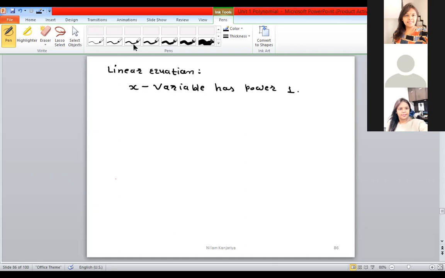This is the one thing you must remember: x has power 1. This is x plus b is equal to 0. Such a type of equation is a linear equation. So I gave you 2 examples. You just verify which is linear and which is non-linear.